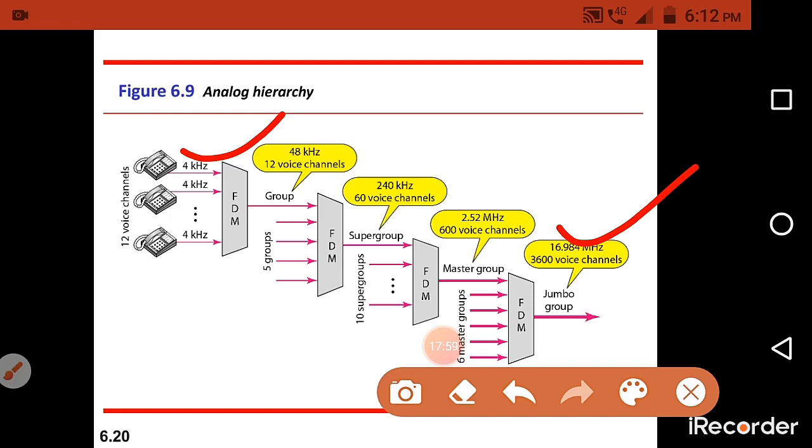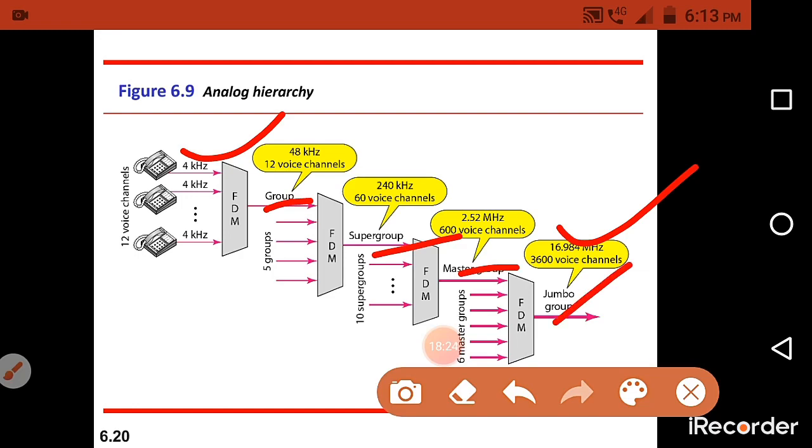In this diagram they have shown how we can increase it, okay. There are a total of 12 telephones, which means 12 voice channels, and each voice channel has 4 kilohertz, okay. Before that, this analog hierarchy has 4 groups here: one is the group, second is the supergroup, then the master group, and last is the jumbo group, okay.